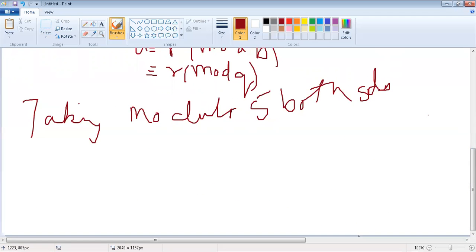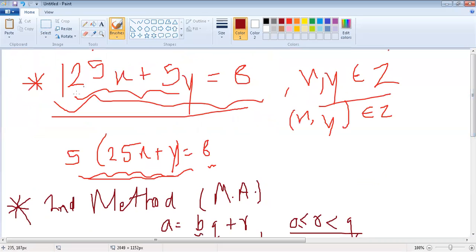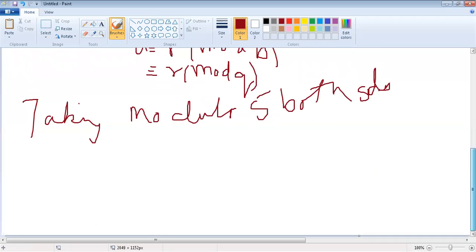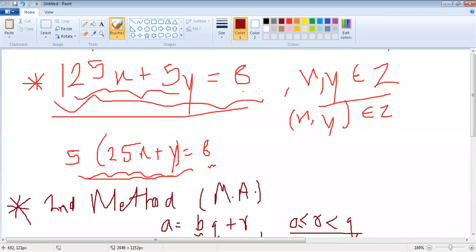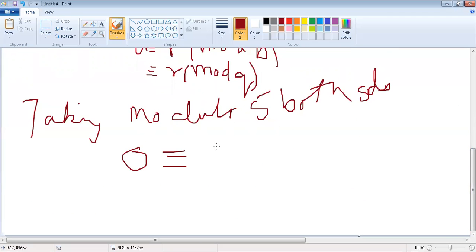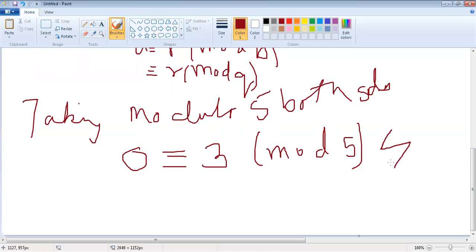If this equation had solutions, this side would be divisible by 5, so it leaves remainder 0. So 0 must be congruent to 8 divided by 5, that is 3 mod 5, which is a contradiction.